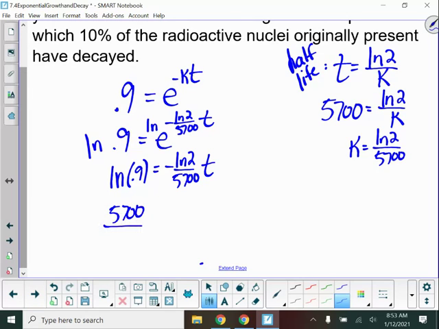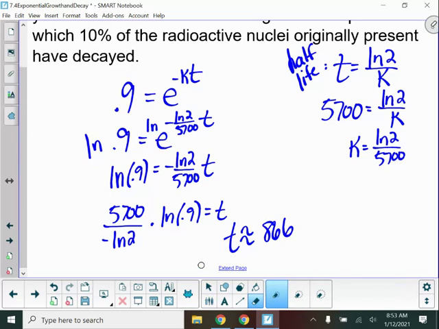So 5700 over negative natural log 2, times natural log of 0.9, is going to equal our t. So t is approximately equal to 866 years. So whatever sample these scientists are looking at, we can approximate that it's 866 years old.